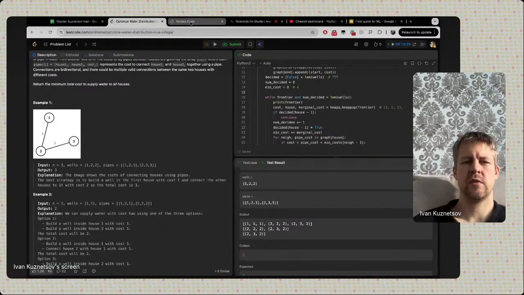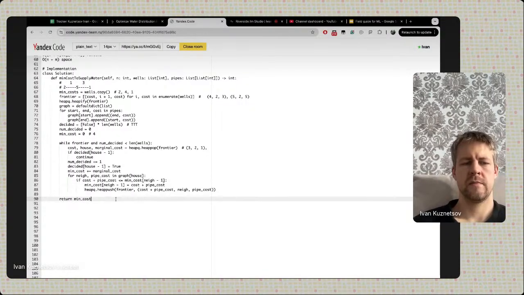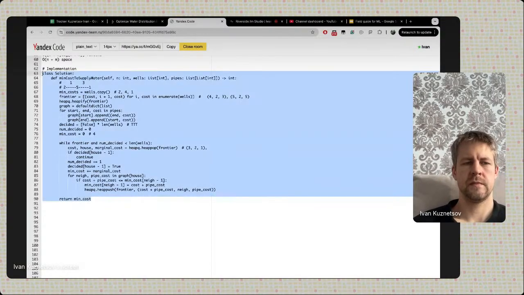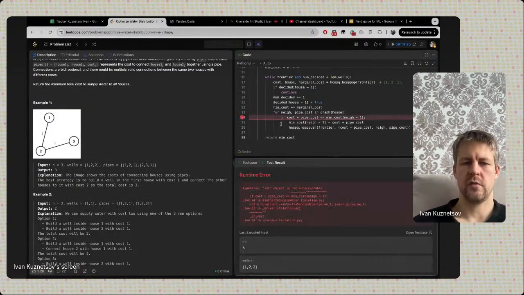Yeah, I see what's the mistake here. This. Because if it's equal, you can also update, and the smaller marginal cost will be showing up on top.